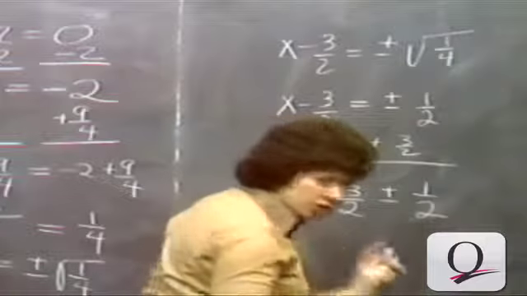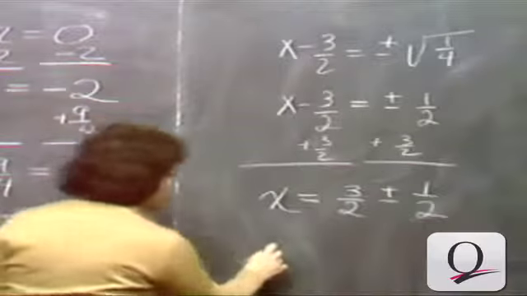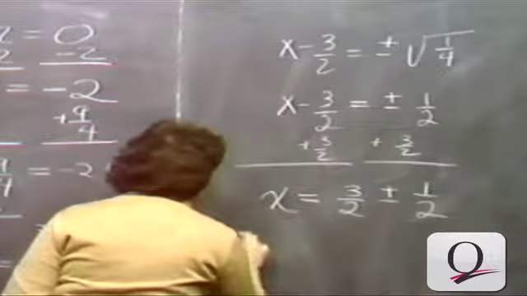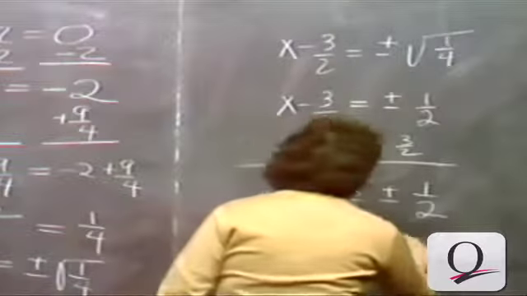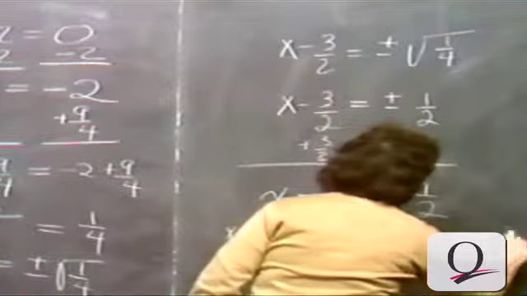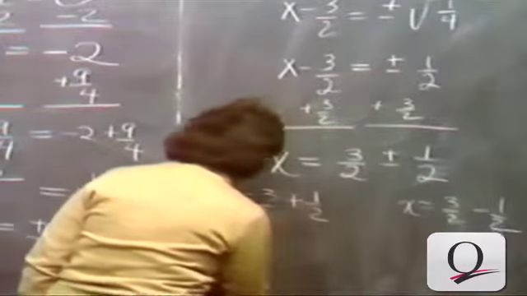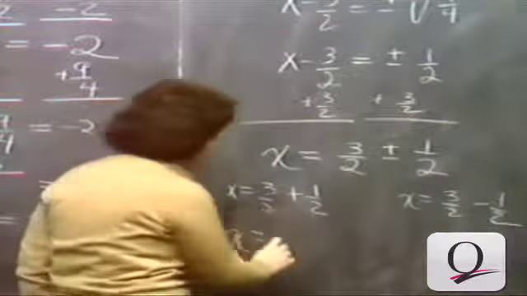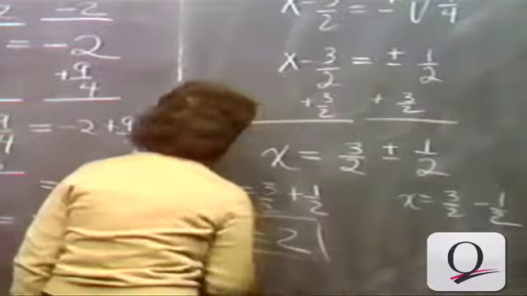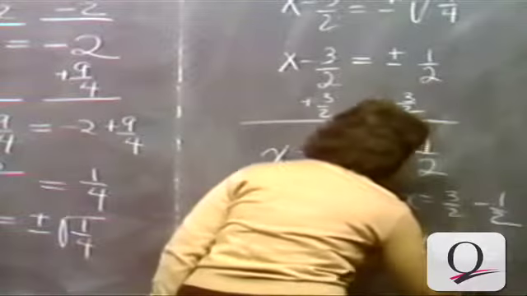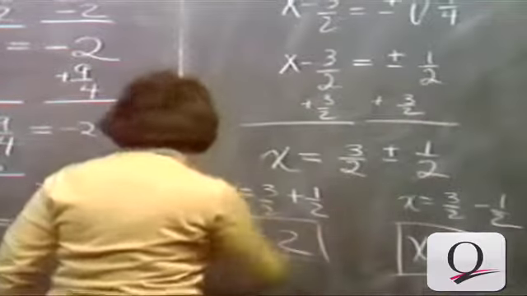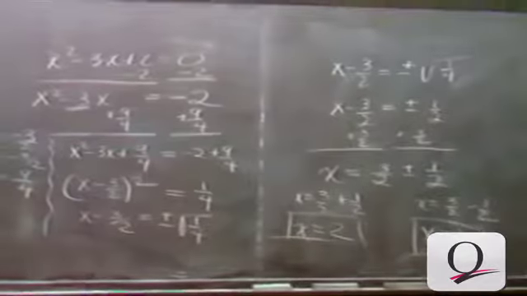This gives us two solutions: 3/2 plus 1/2 and 3/2 minus 1/2. Now 3/2 plus 1/2, that's 4/2, that's 2. And 3/2 minus 1/2, that's 2/2 or 1. And we get the same two solutions, of course, that we got from factoring.